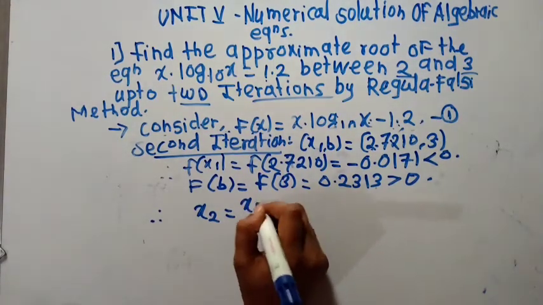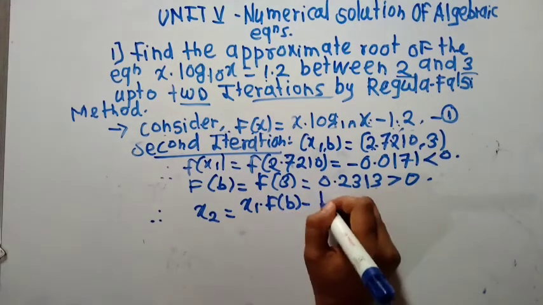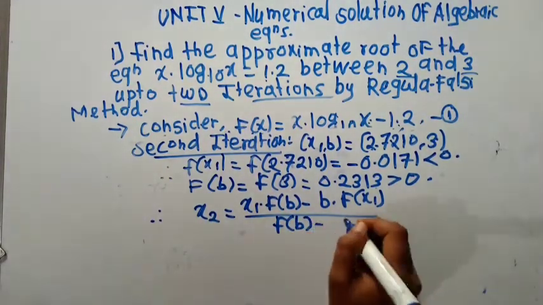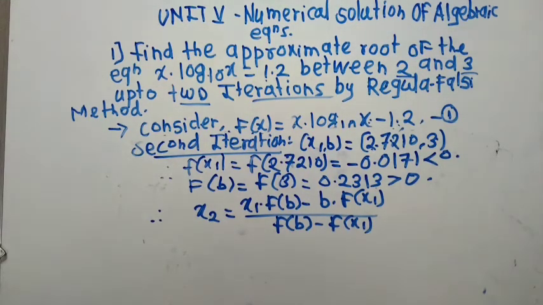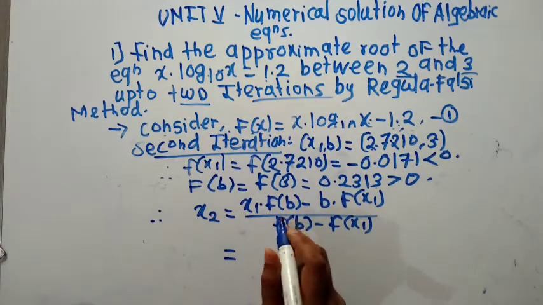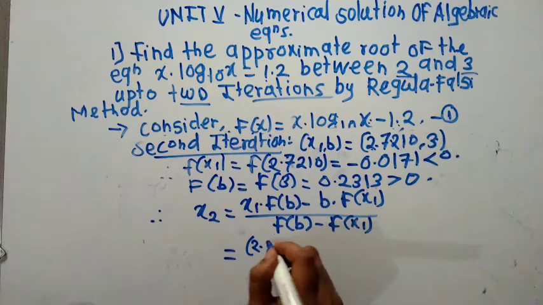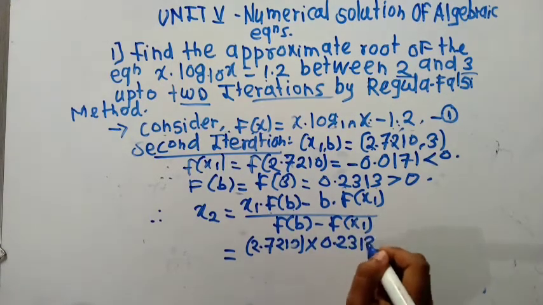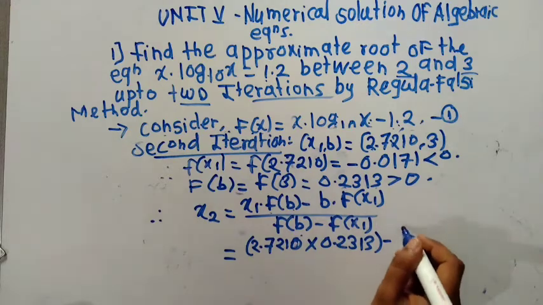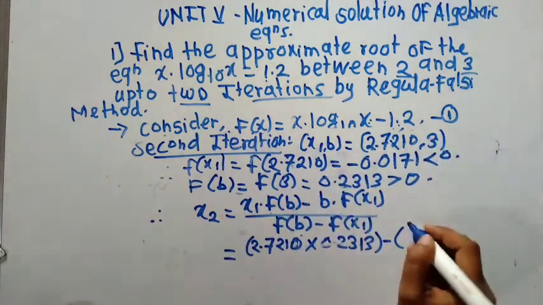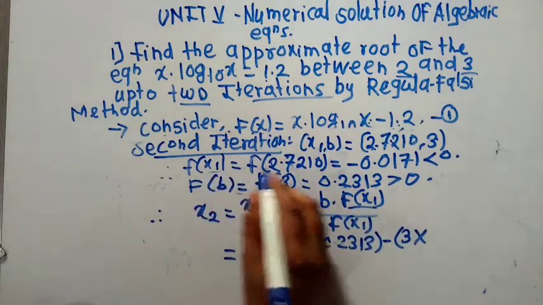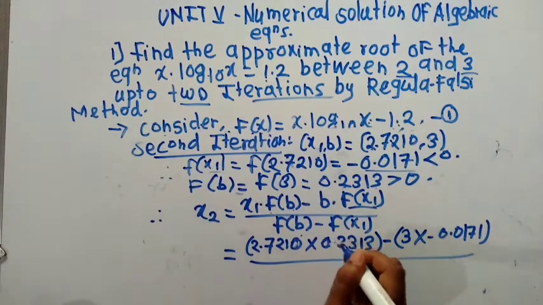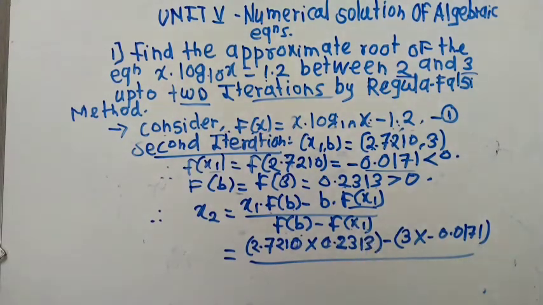x2 is equal to x1 into f of b minus b into f of x1, divided by f of b minus f of x1, which is equal to x1 into, here x1 is 2.7210, into f of b, which is 0.2313, minus b into, here b is 3, into f of x1, which is minus 0.0171, divided by f of b minus f of x1.